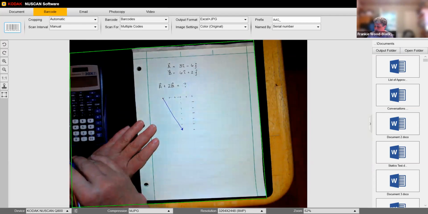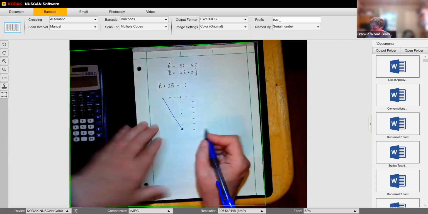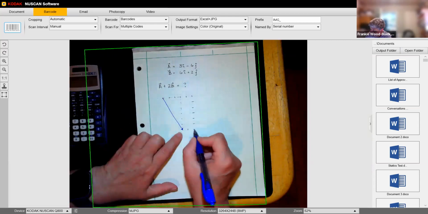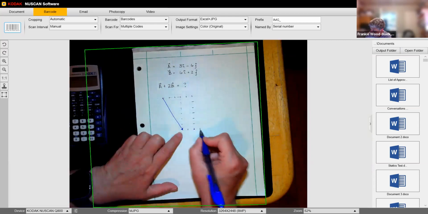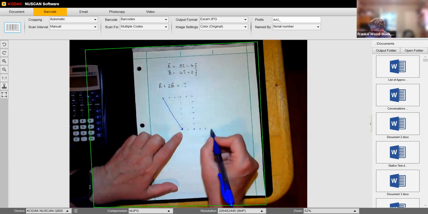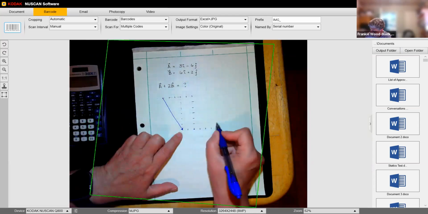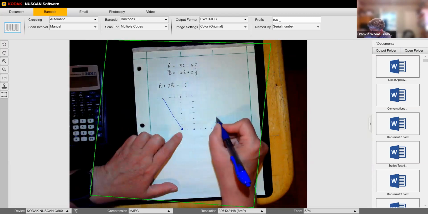Now I'm going to add vector B head to tail, but I want to add 2 B's. So we're going to go over here. We're going to go 1, 2, 3, 4, 5, 6, but I go up 2. So there's 1, 2.